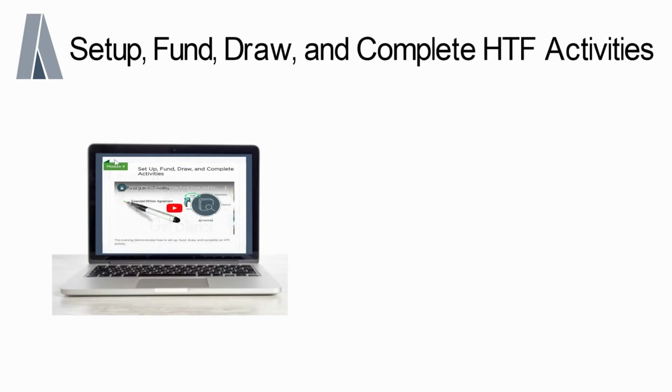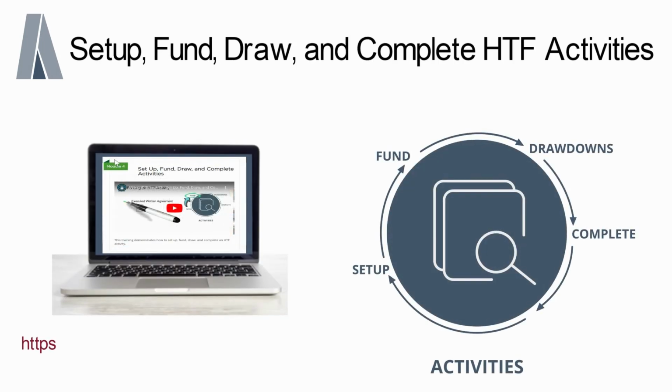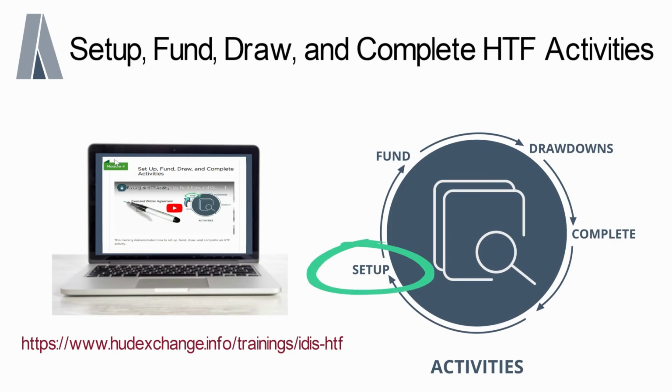You can see how to set up an IDIS activity in the Setup, Fund, Draw, and Complete HTF activities in IDIS module of this online training series. Remember, you can only set up an IDIS activity once you have an executed written agreement for a specific local project as defined in 24 CFR 93.2.